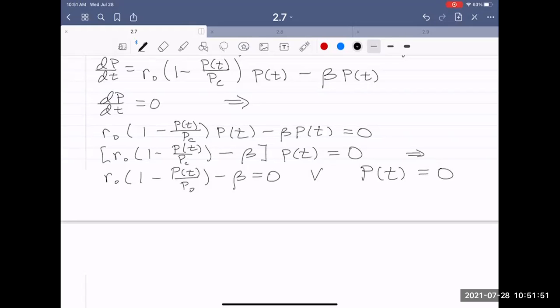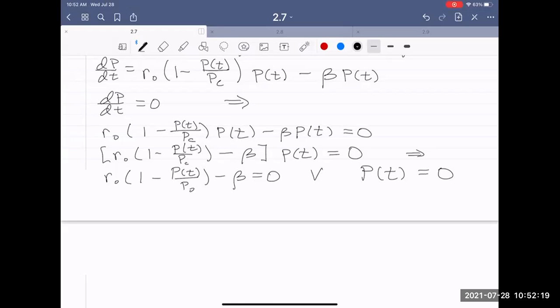Well, if P of t is 0, that means the number of fish that you have is always equal to 0. And so it means that you've killed off all your fish. I don't want to kill off, in other words, if you start with no fish, then you have no fish at the end.